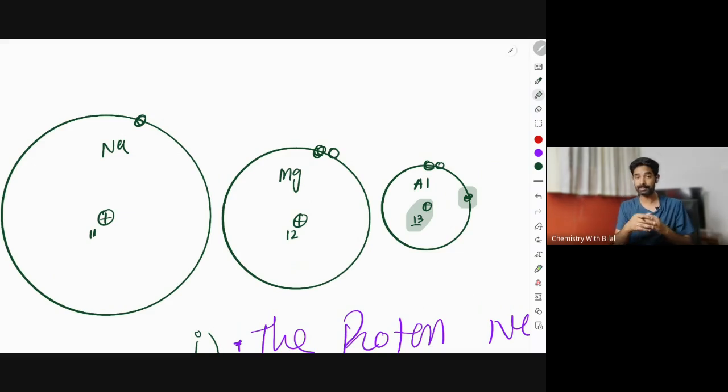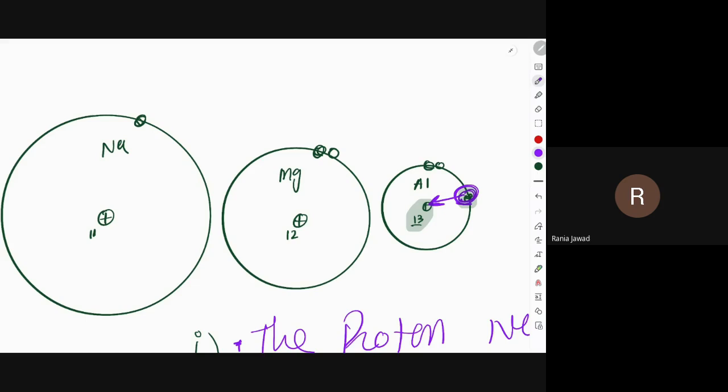So if it has greater nuclear charge and is also close to the nucleus, then this electron will be strongly attracted by the nucleus, because it is close and the nucleus is more powerful with 13 protons. So if it is close and its nucleus is more powerful, we will need to give a lot of energy to remove the electron, isn't it? Yes, Rania? Yes, sir.